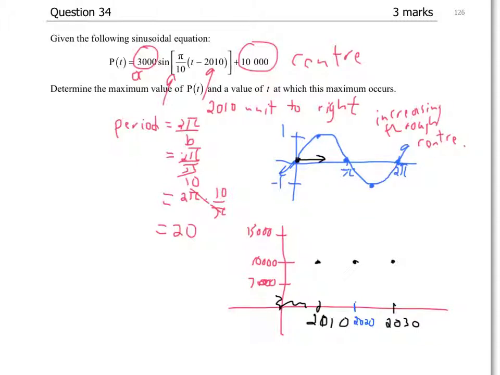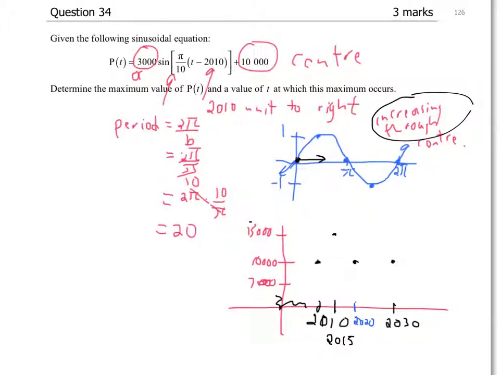Now where would the maximum be? Sine is increasing through the center, so my maximum is going to be in the middle of 2010 and 2020. So my maximum is going to be up right here at 13,000, but it's going to be right in the middle, which is 2015.